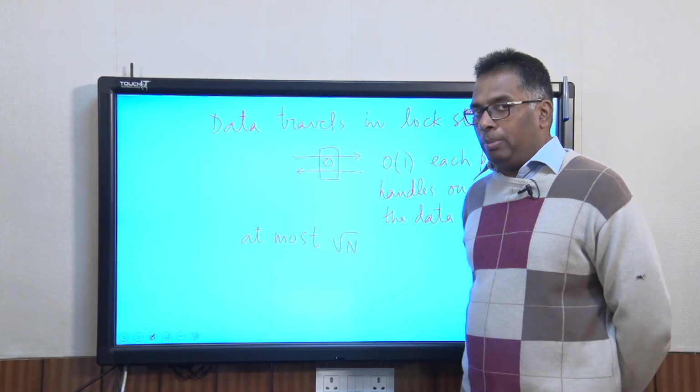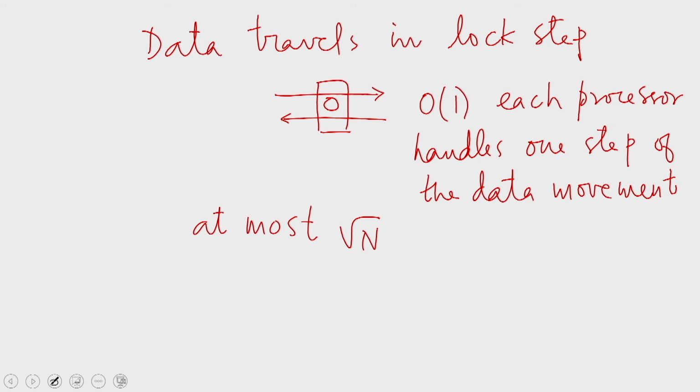That is, we assume that every processor is capable of receiving a message from all its neighbors and sending out a message to all its neighbors in one single step. So, with this assumption we can see that at most root n steps are necessary to ensure that the columns are unshuffled in this fashion. So, the second step of the algorithm will take root n time.